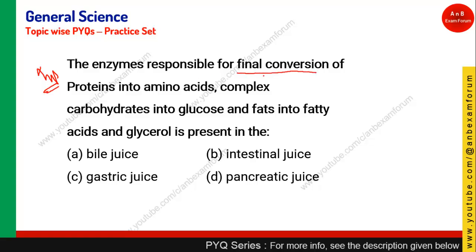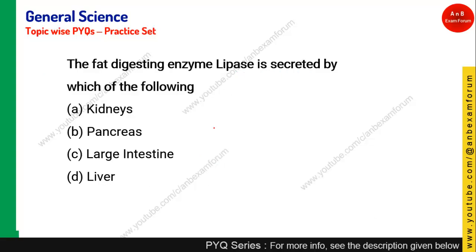You know that the last step in the digestion process is in the intestine, small intestine more specifically. So the final conversion will happen in the small intestine, and it is the intestinal juice which is going to convert protein into amino acid, carbohydrate into glucose, fat into fatty acid and glycerol. So option B is the right answer.